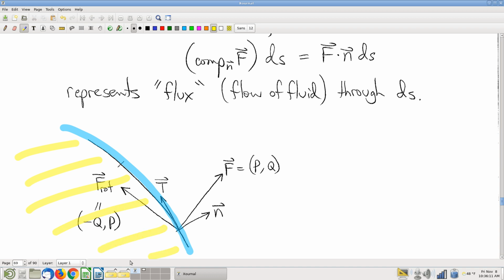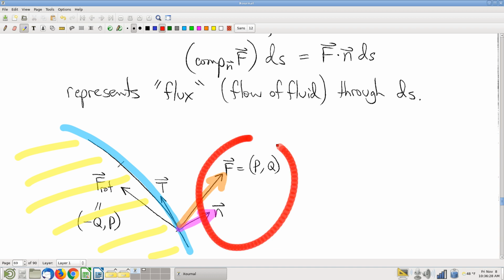And with that piece of curve, we can talk about the normal vector. And if we have some F, some vector field representing the fluid we're interested in, we're interested in this dot product, F dot n. That's what we want to compute.